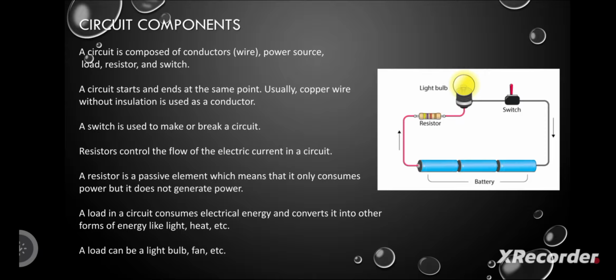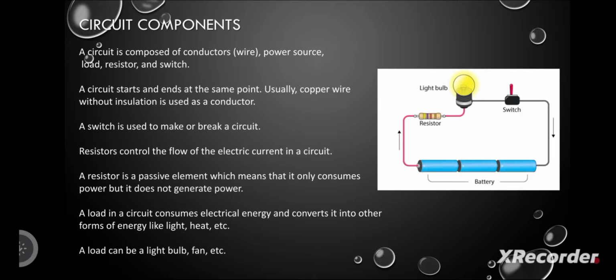Resistance is there, a load is there, a light lamp, and a switch is there just to turn the circuit on and off. A resistor is composed of a conductor, right? It means in this circuit a conductor plays an important role just to connect all the components like resistor, lamp, and switch to the cell.